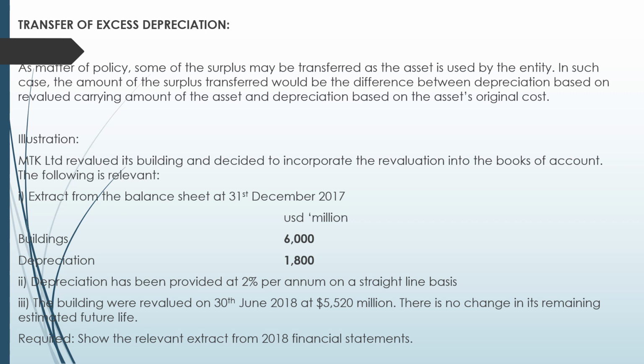So transfer of excess depreciation is a matter of policy. Some of the surplus may be transferred as the asset is used by the entity. In such a case, the amount of the surplus transferred will be the difference between the depreciation based on the revalued carrying amount of the asset and the depreciation based on the asset's original cost.